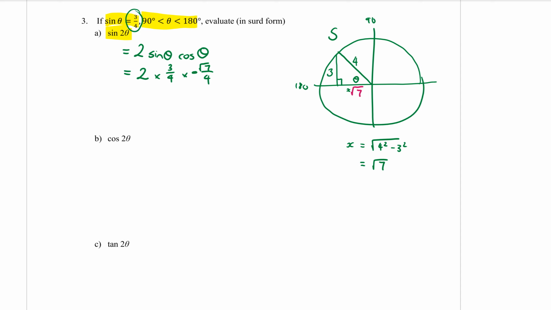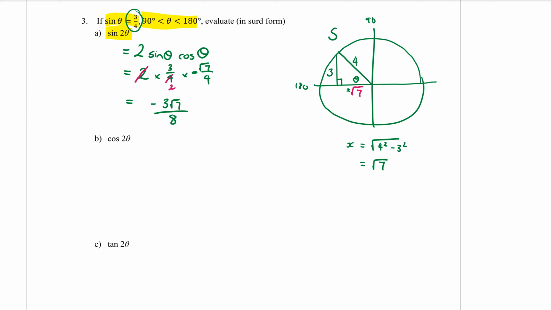I could cancel the 2 on the top with the 2 on the bottom. And then timesing what is left, I have a 3 times a negative root 7, so that would be negative 3 root 7 on the top. And on the bottom, I have 2 times 4, which is 8. That would be my exact answer in surd form.